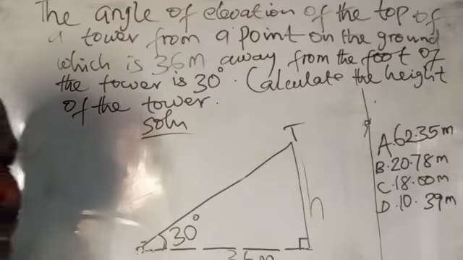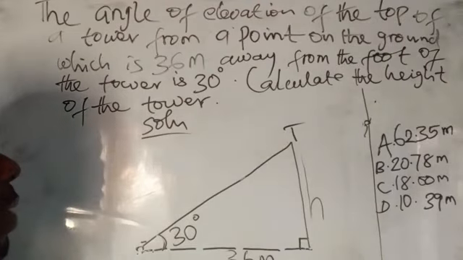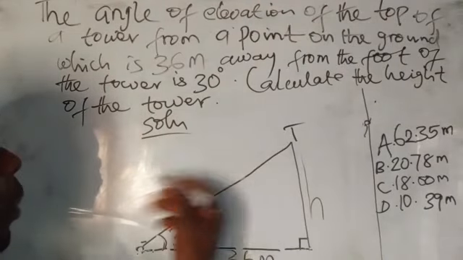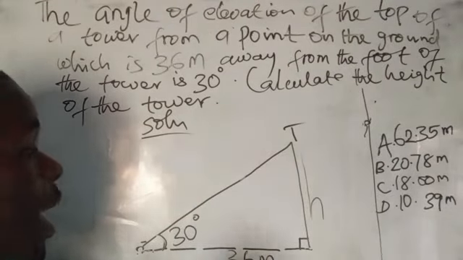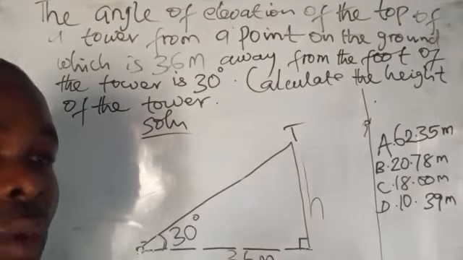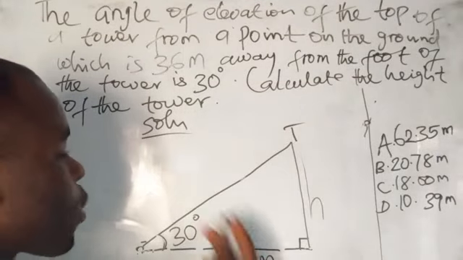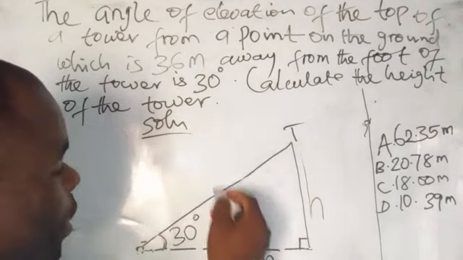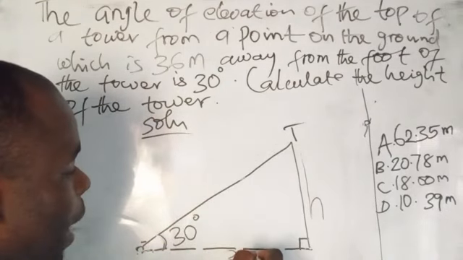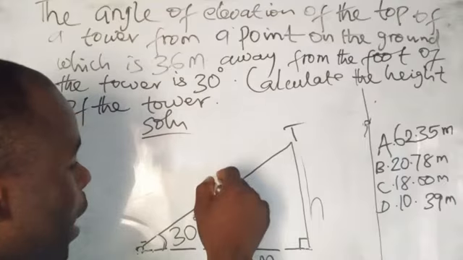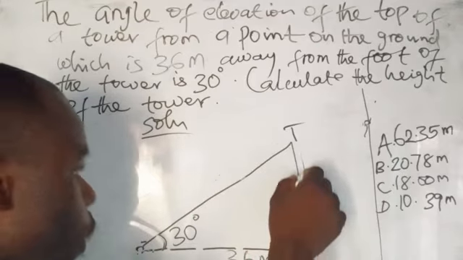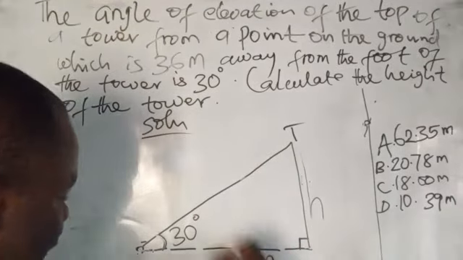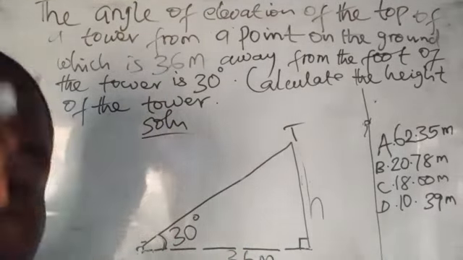Sin theta is opposite over hypotenuse, but we are not using hypotenuse. Cos theta is adjacent over hypotenuse, but we are not using hypotenuse and adjacent. What we have here is opposite, which is what we are looking for, and adjacent. So we use tan theta.